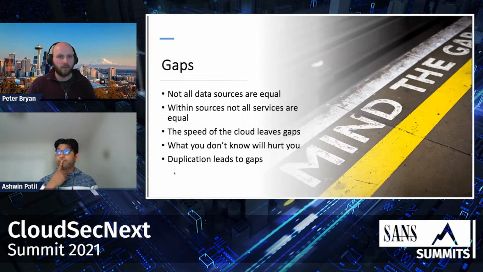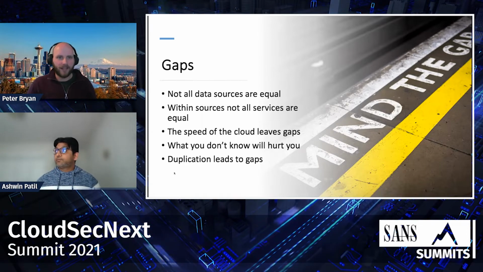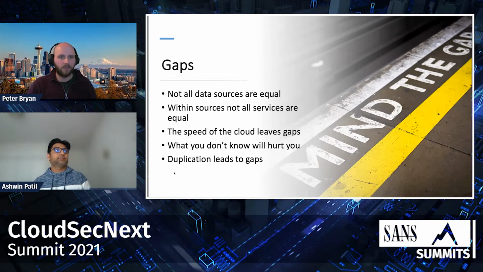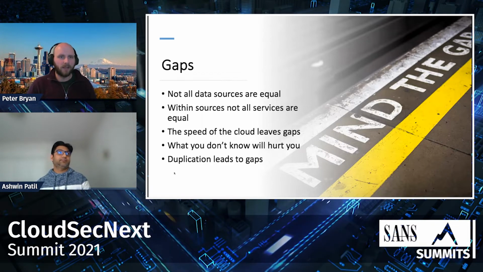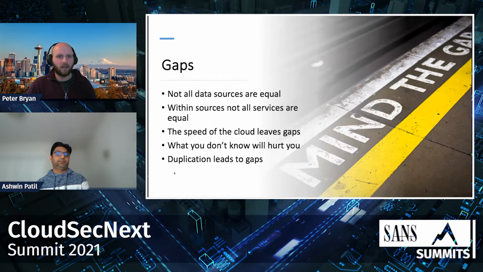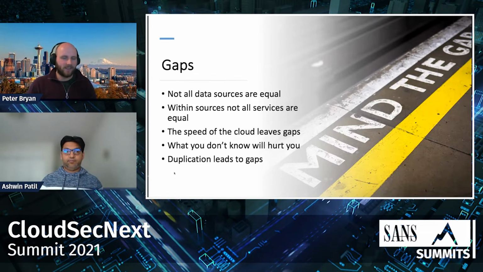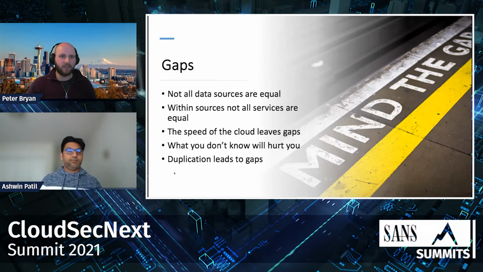The other thing that you find is that the speed of the cloud leaves gaps in monitoring. New services that come to cloud providers all the time quite often find that logging is lagging behind the feature set. We see this quite commonly even with Azure services.